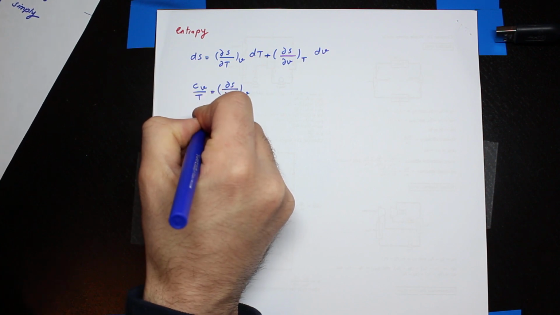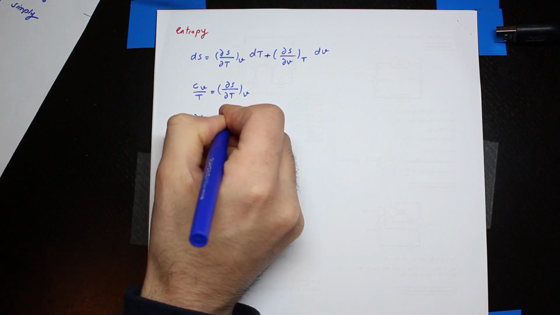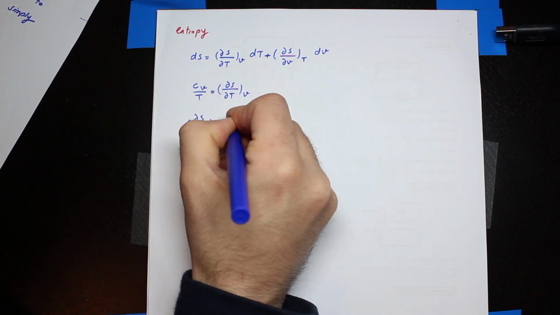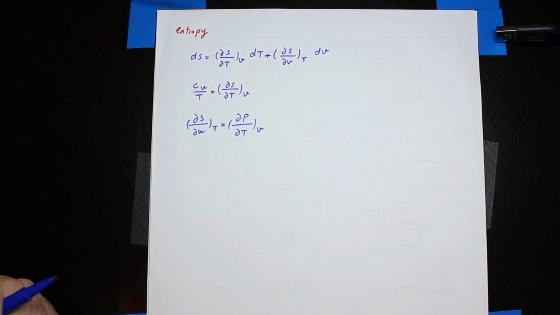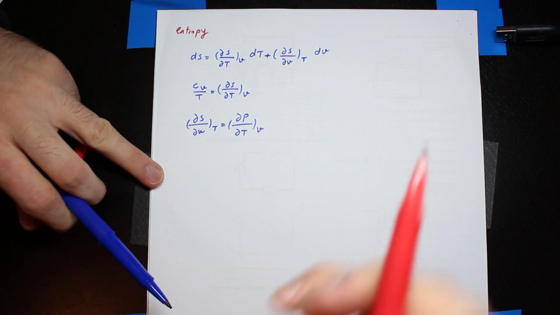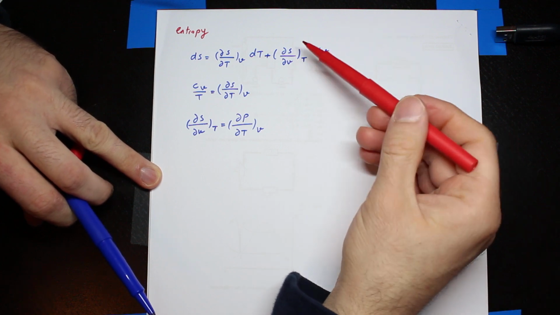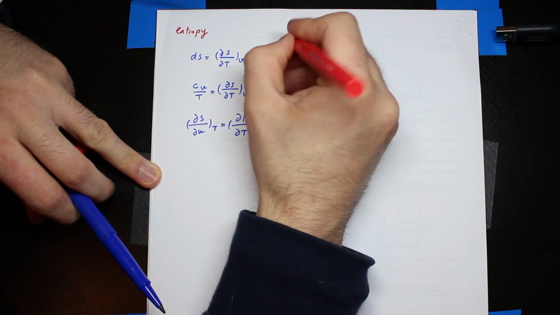It says partial S partial V for constant temperature is equal to partial P partial T for constant specific volume. So I am going to rewrite the dS equation, but instead of partial S partial V for constant temperature, I'm using this Maxwell relation.